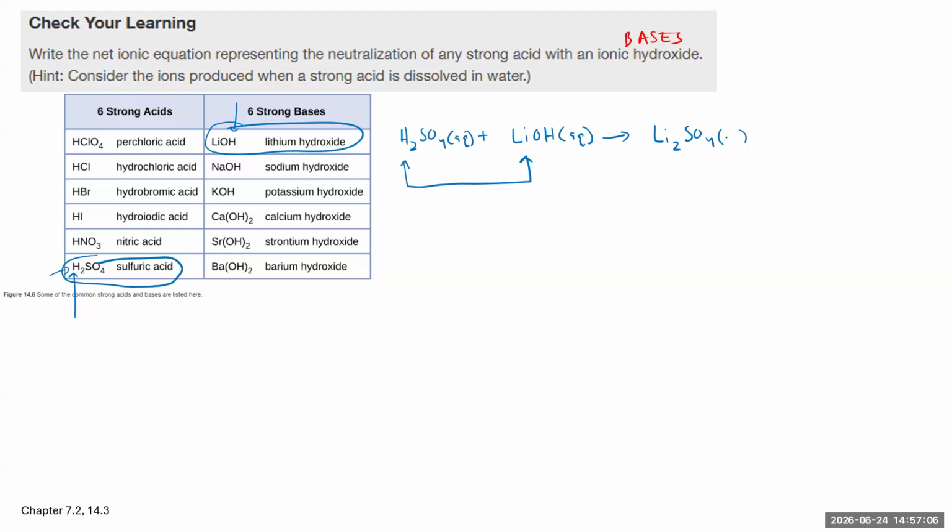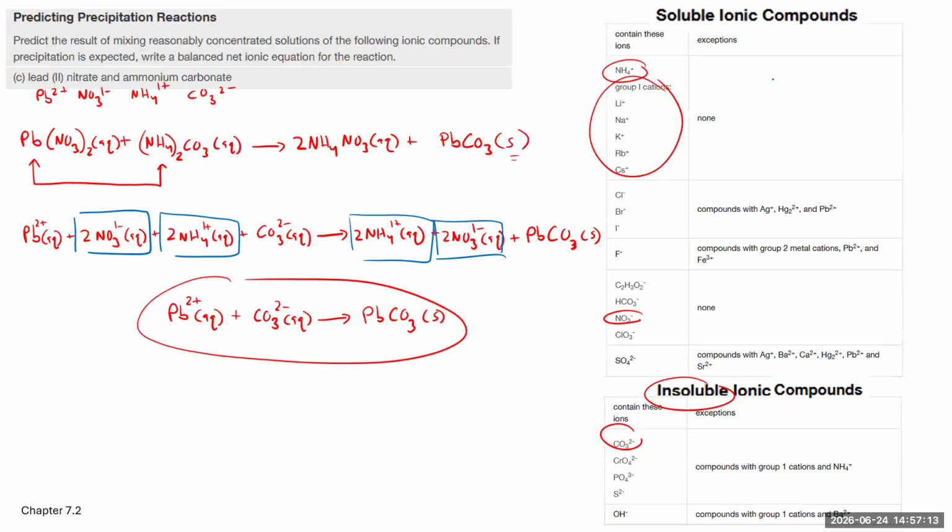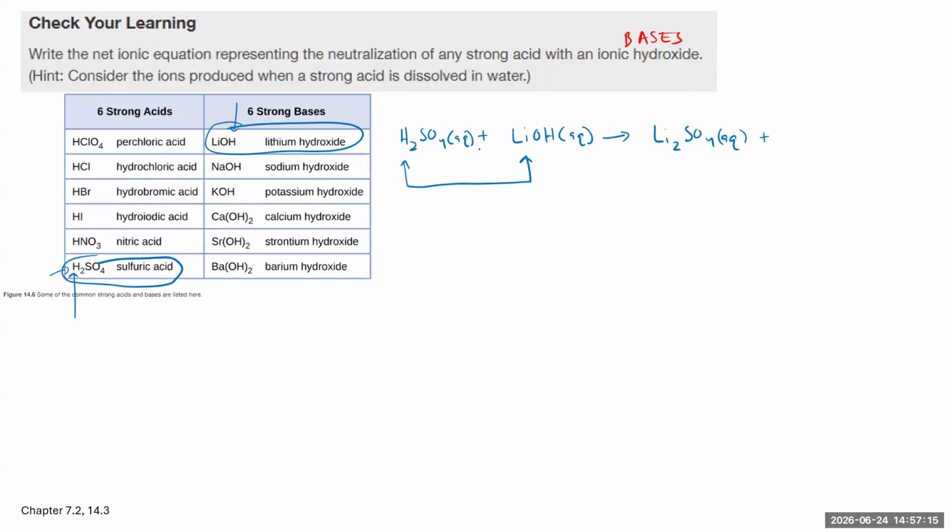We know anything with lithium is going to be aqueous, just because we knew that from the table here, right? Anything with lithium's aqueous. What's the other thing? What's H, O, and H? That's water. So because we have an acid and base and water, we know this is an acid-base reaction.